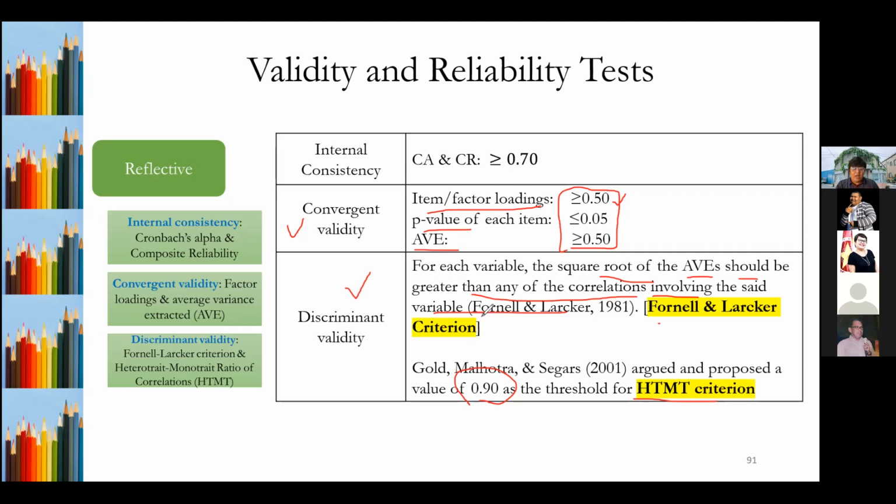Okay? So yon ang criteria for discriminant validity according to Fornell and Larcker. Just be reminded that Fornell-Larcker is the traditional measure of discriminant validity. Today, pwede rin natin siyang i-measure using HTMT. Okay, so meron na tayong dalawang approaches ngayon to measure discriminant validity.